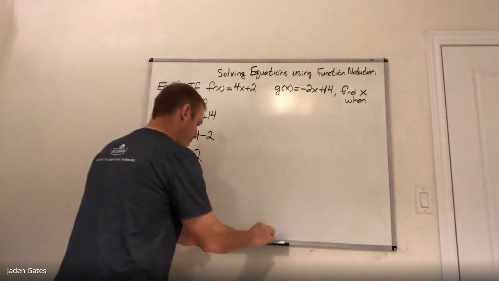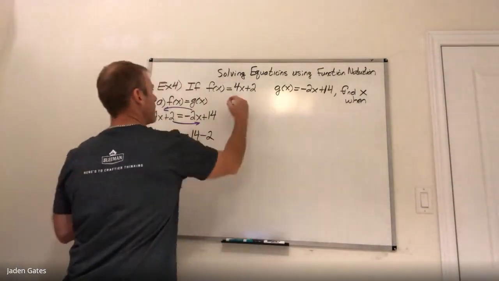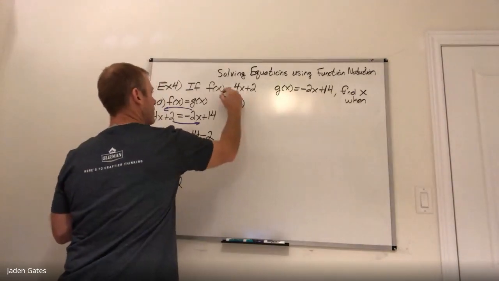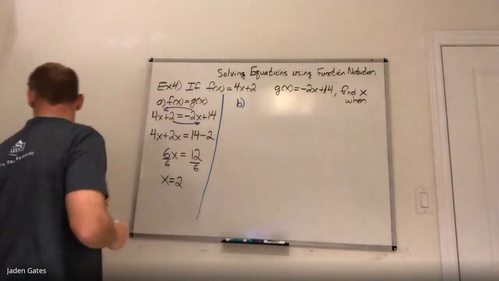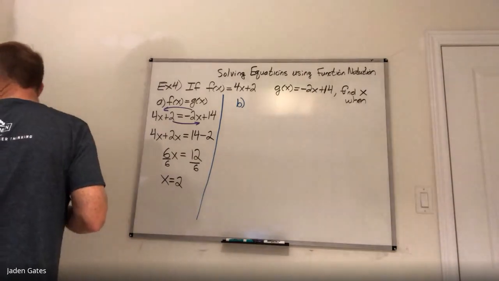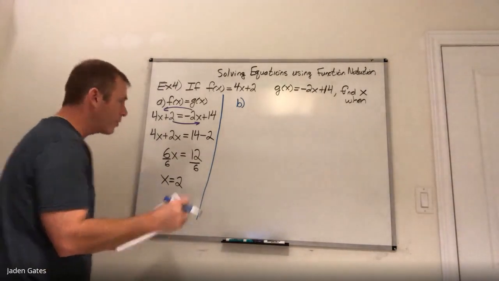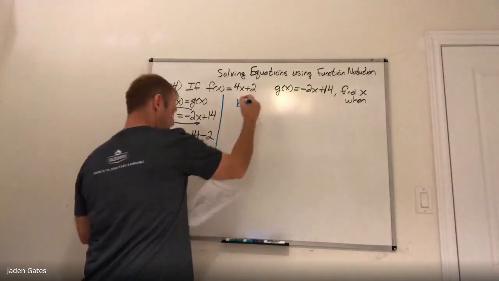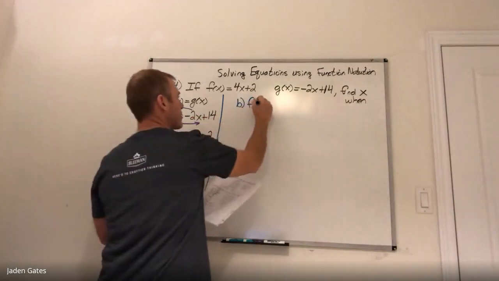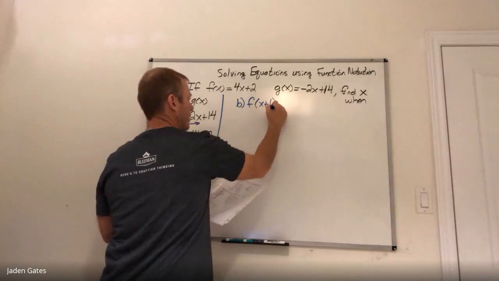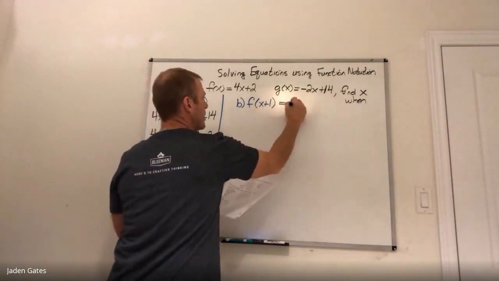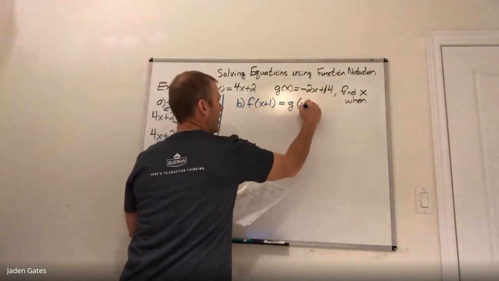All right, now I have a part b. So b in this is combining yesterday's, or I guess last day's notes. But we're looking at when does f of x plus 1 equal g of x minus 8?